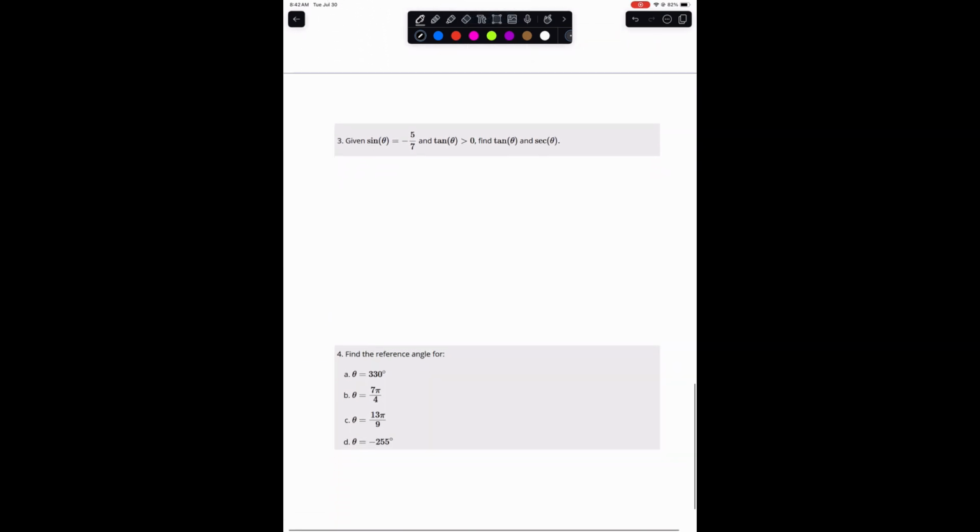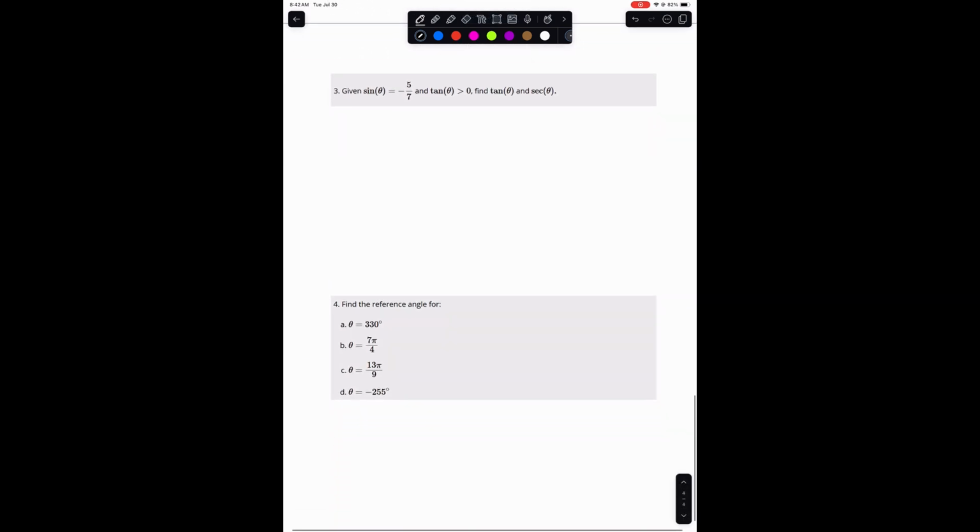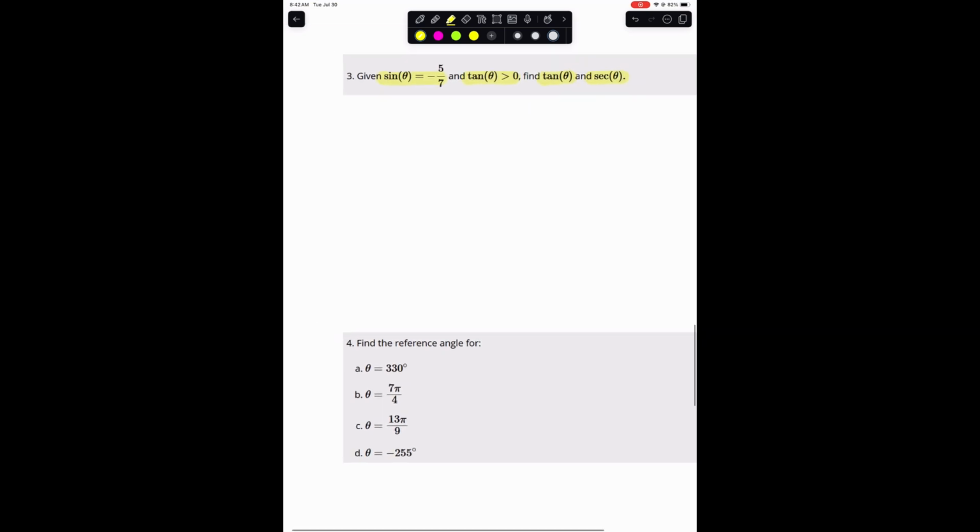All right. So the next question is, given sine of theta is equal to negative 5 over 7, and tangent theta is greater than 0, we need to find what tangent and secant are. On our graph, in quadrant 1, you have plus plus: cosine is positive, sine is also positive.